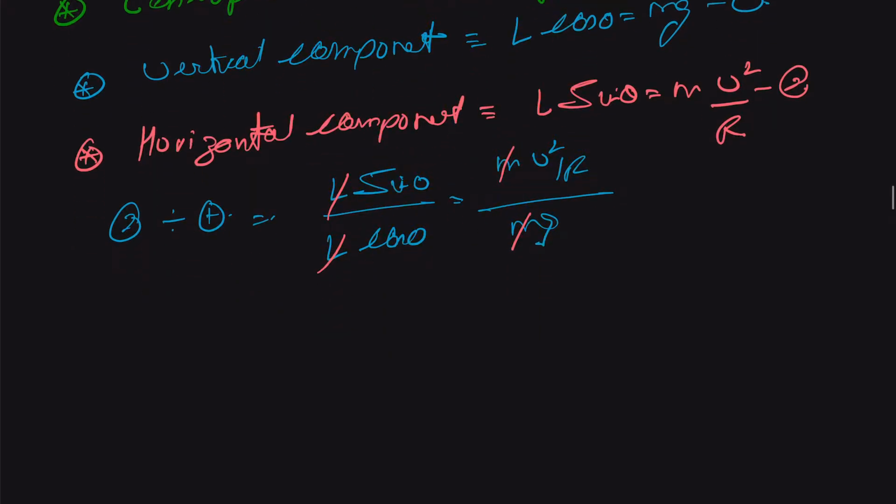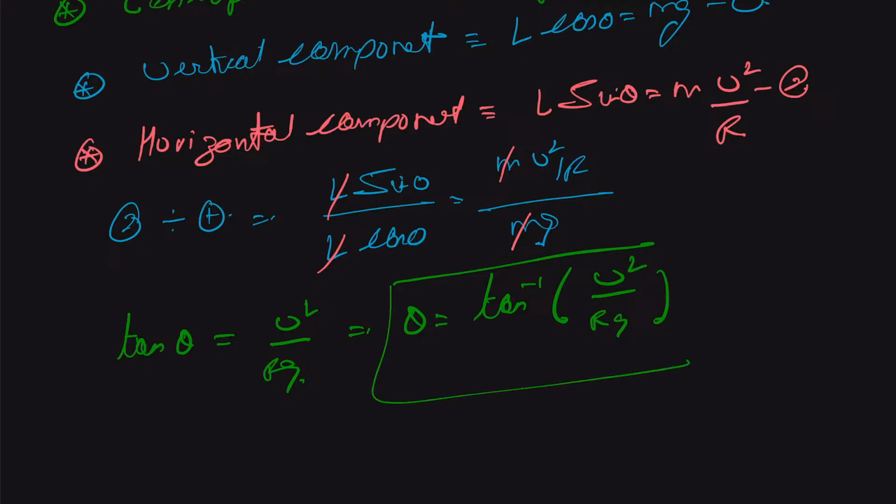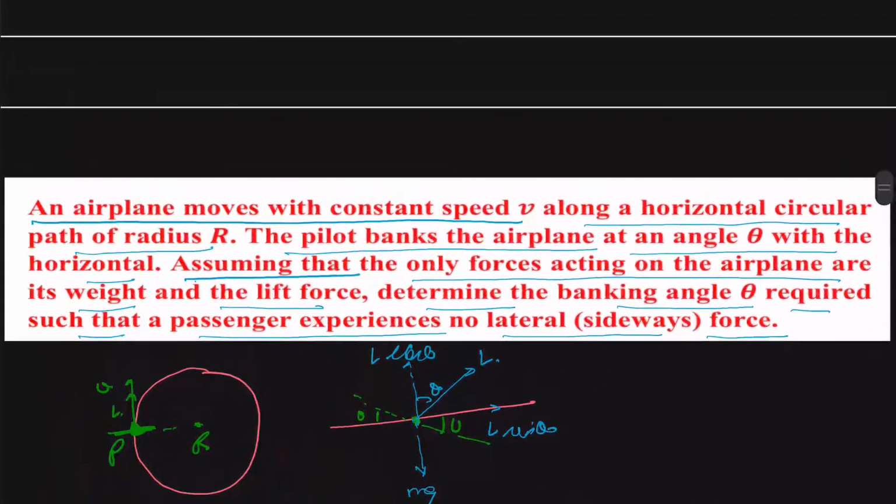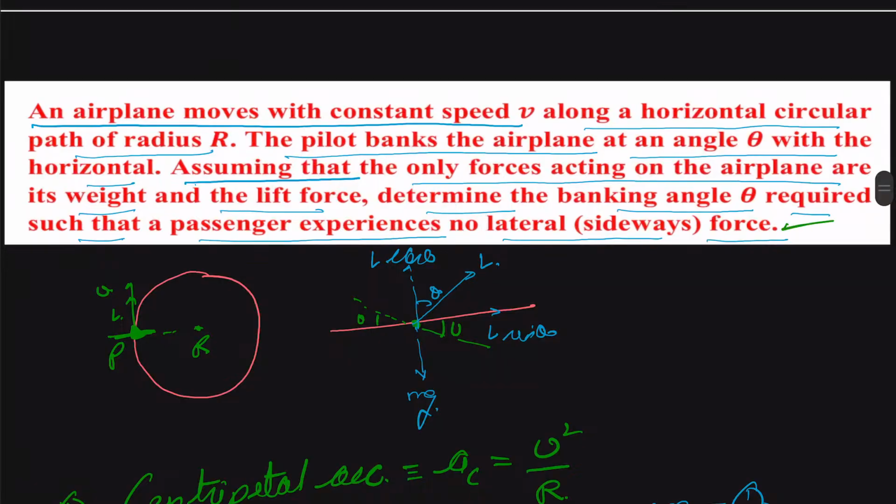So from here we get that tangent of theta will be equal to v squared over rg, and theta will be equal to tan inverse of v squared over rg. So this is our banking angle such that there is no lateral sideways force.